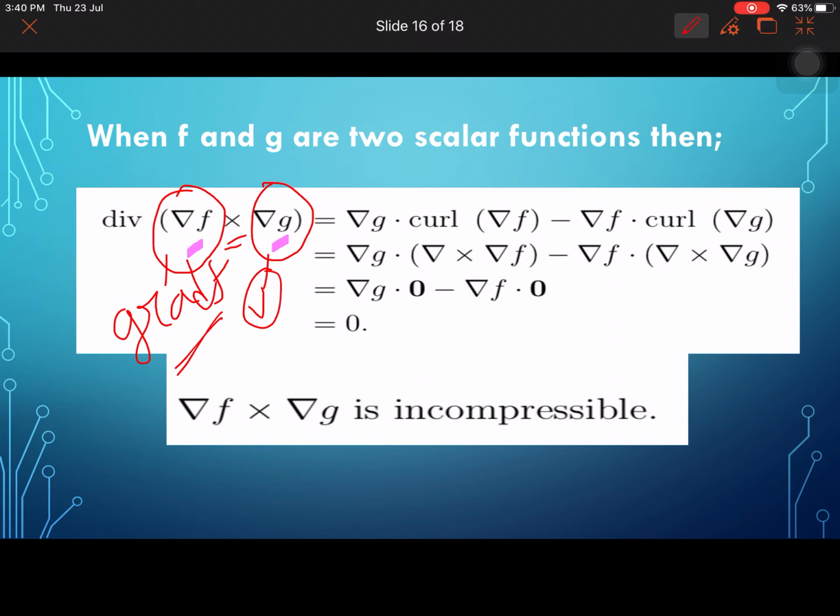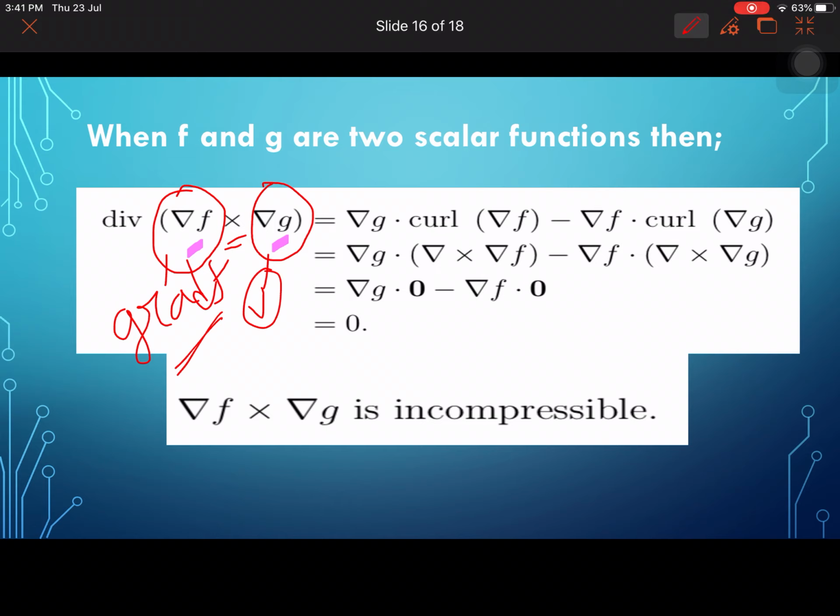That means grad g dot del cross del f minus del f dot del cross del g. So grad g dot 0 bar minus grad f dot 0 bar, that equal to 0.